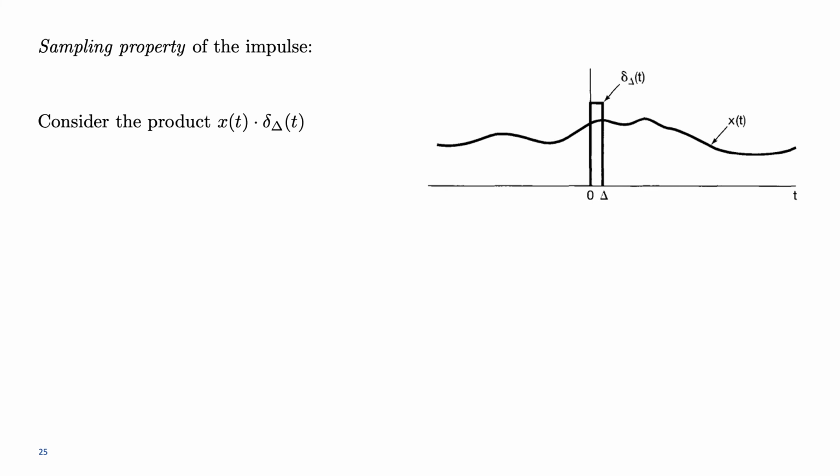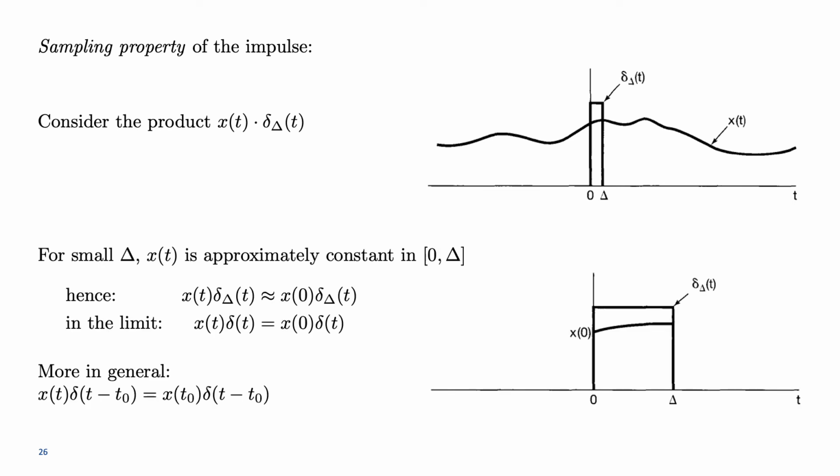Let us now look at an important property of the impulse, which is the sampling property. So assume that I want to calculate the product x of t times delta delta of t. So the approximation of that impulse that we previously defined, a narrow pulse of duration delta, times a certain signal x of t, whatever signal you like. So for small delta, notice that our signal x of t will be approximately constant in the interval 0 to delta.